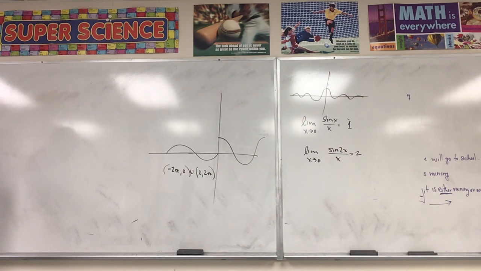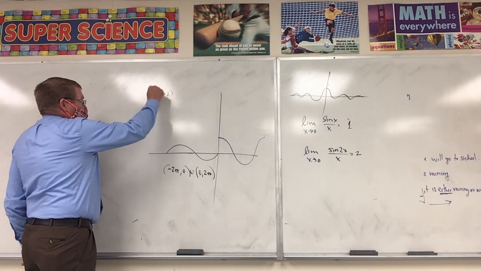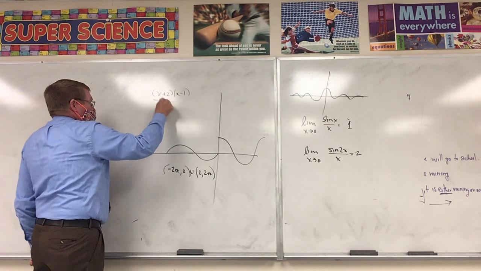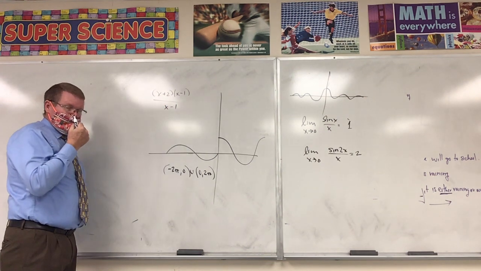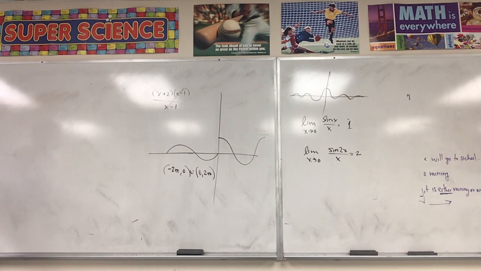x squared plus x minus 2 is the same thing as x plus 2 times x minus 1, over x minus 1, correct? The x minus 1 cancels out. So what is my limit as I approach 1 there?